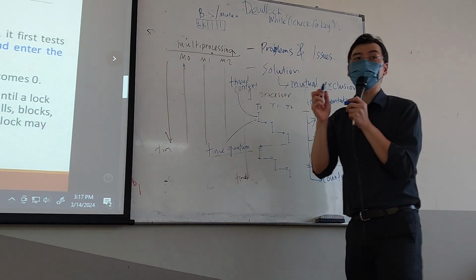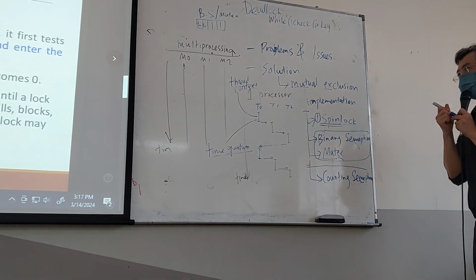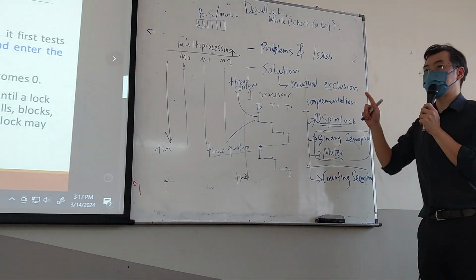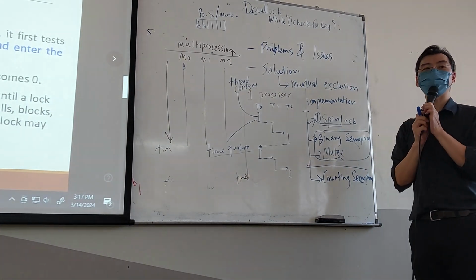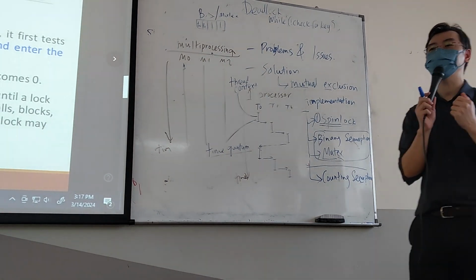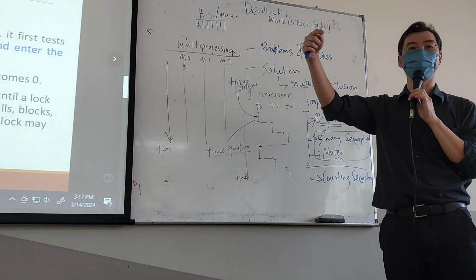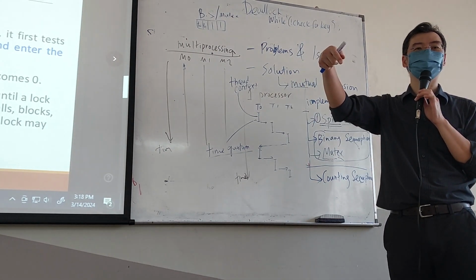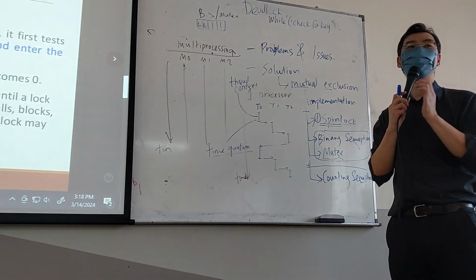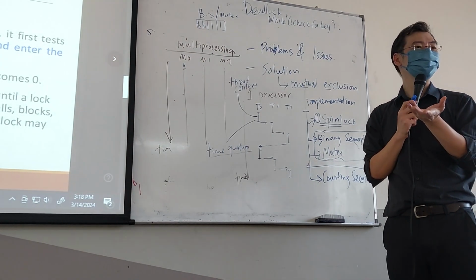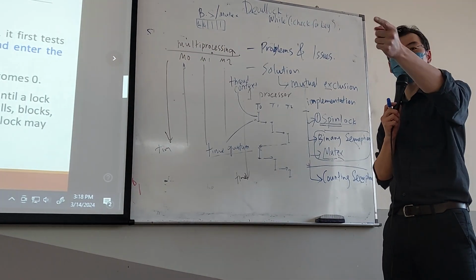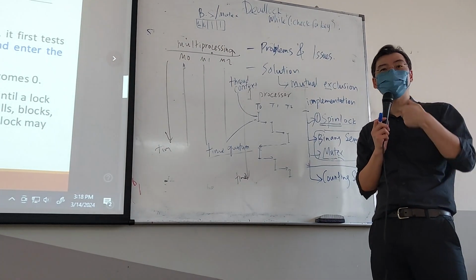If you don't use it properly, why is it deadlock? I'll explain later. If you don't use it properly, you get into this kind of situation. Deadlock means I lock and the other person locks. And right now, nobody can progress. Because I lock you, you lock me. And I cannot progress, you also cannot progress.